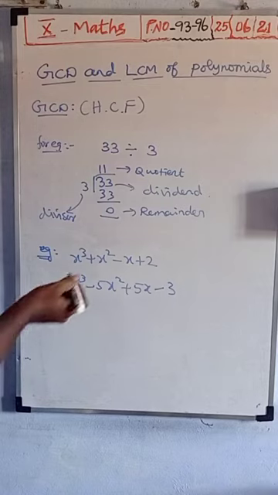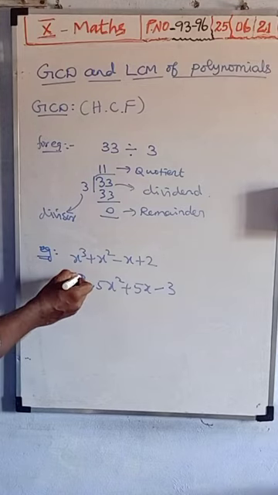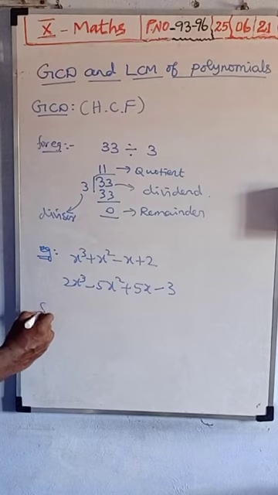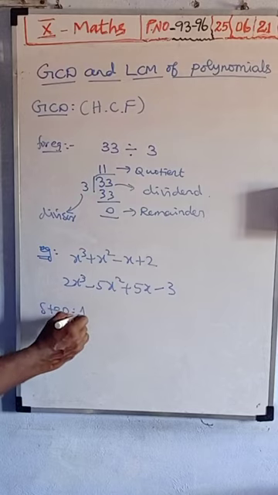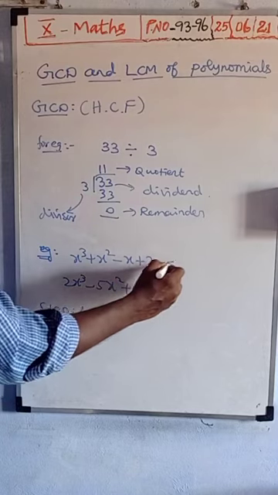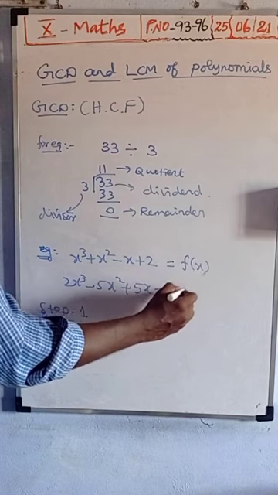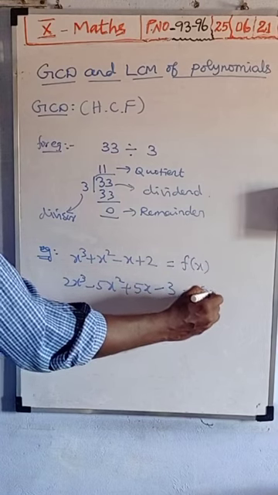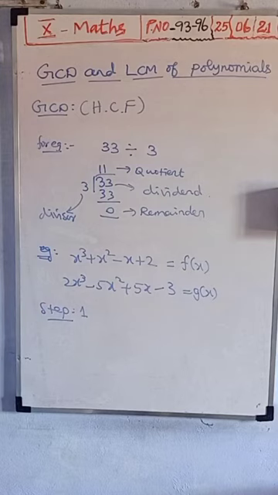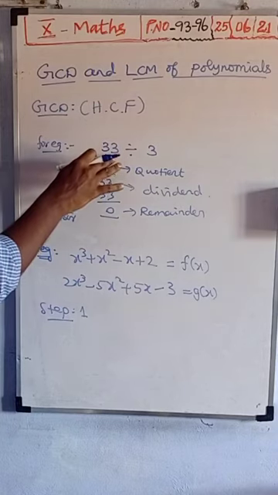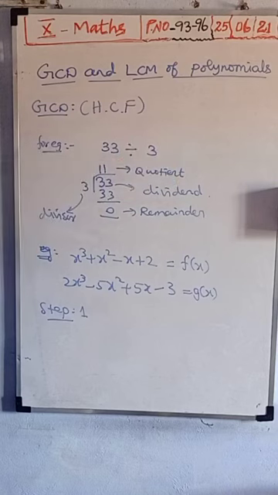Here two polynomials are given. In step one, we choose the first polynomial f of x and the second polynomial g of x, or you can change the order. We want to check which is the dividend and which is the divisor.